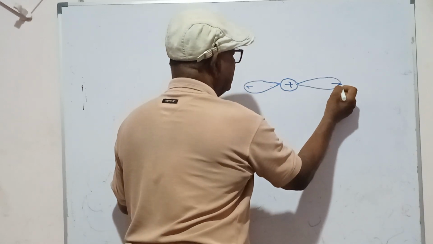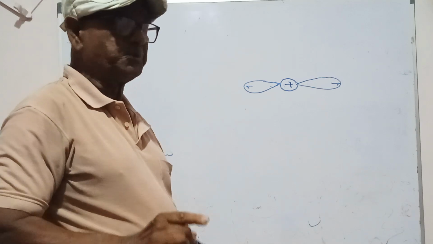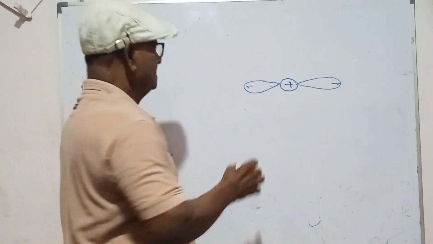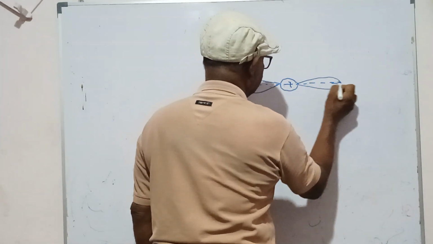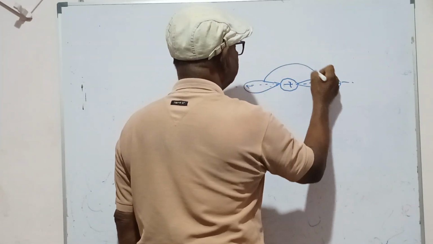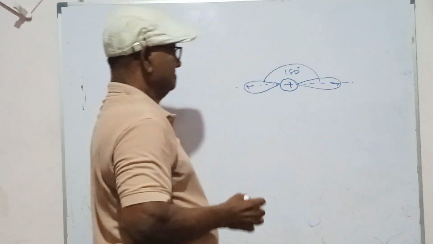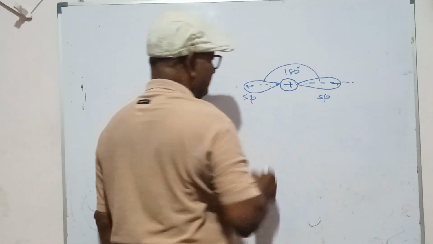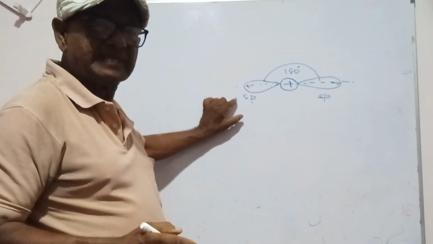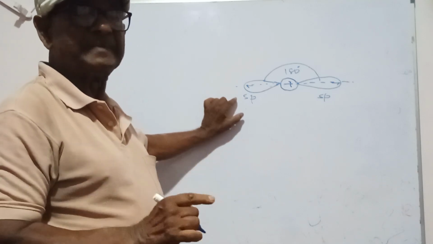These are the two sp hybridized orbitals. What is the angle between them? 180 degrees. For sp, it is named the linear arrangement.